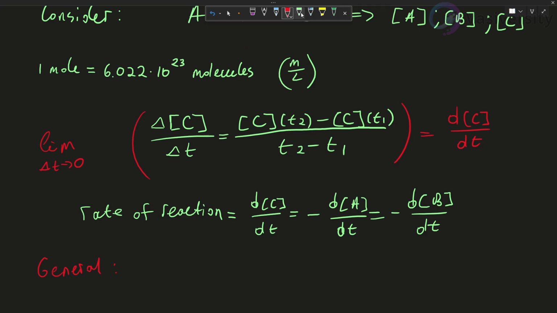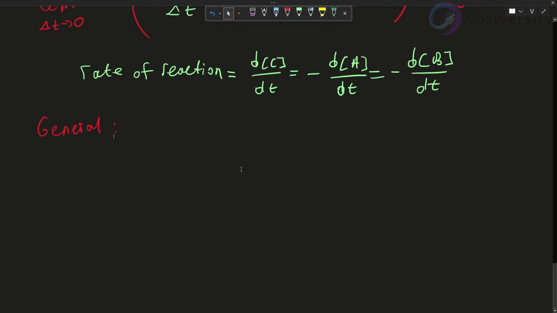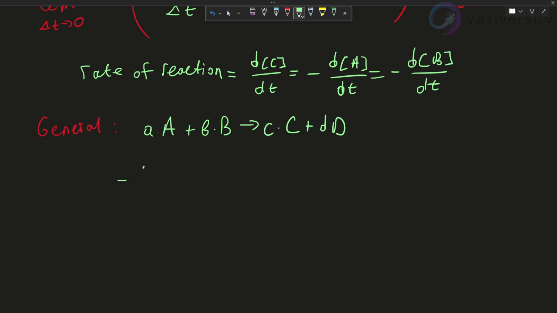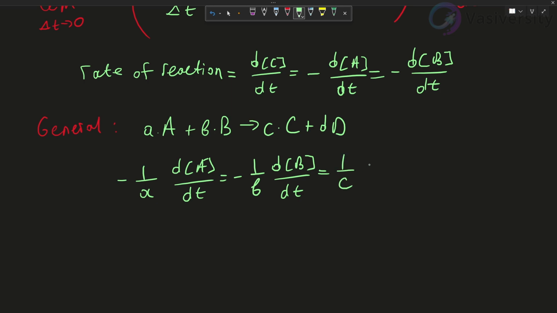If we have an equation with coefficient a times A plus b times B produces c times C plus d times D, the general equation becomes: negative 1 over a, dA/dt, which is equal to negative 1 over b, dB/dt, which is equal to positive 1 over c, dC/dt, and 1 over d, dD/dt, the derivative of the concentration of D over dt.